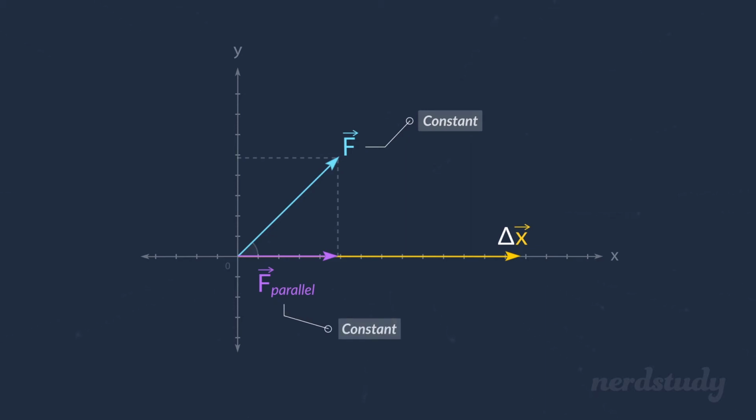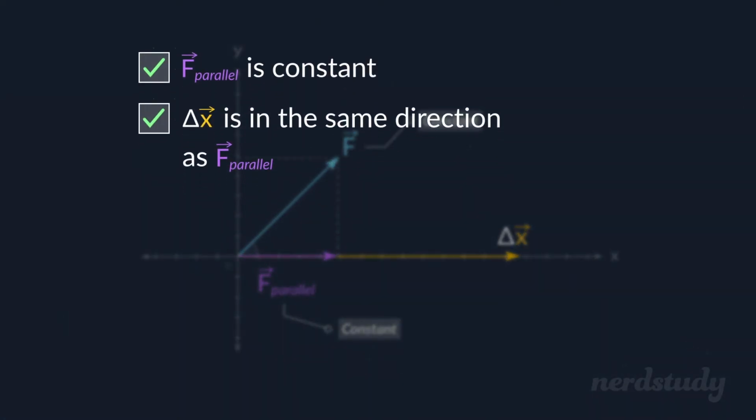So the parallel component of the force satisfies all the conditions for the equation work equals F times d. So we can write W equals F parallel times d.